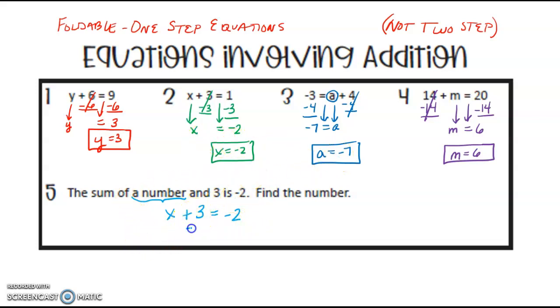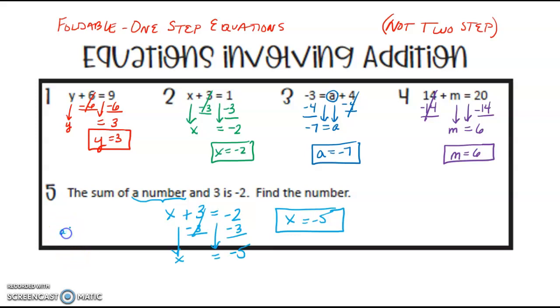I need to get rid of the 3, so I'm going to subtract it. My x comes down. My 3 goes away. My equals comes down. And then I need to subtract 3 from this side, which gives me negative 5. So I have x is equal to negative 5. And that's one-step equations involving addition.